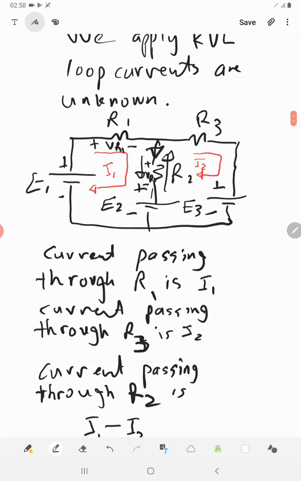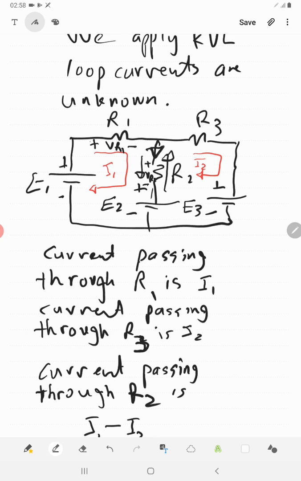In loop I2, we have R2 and R3. We add all resistors in loop I2 and multiply by I2, taking a positive sign.